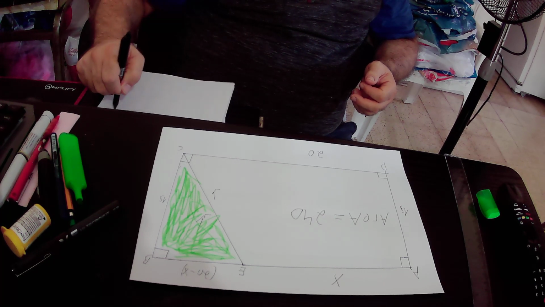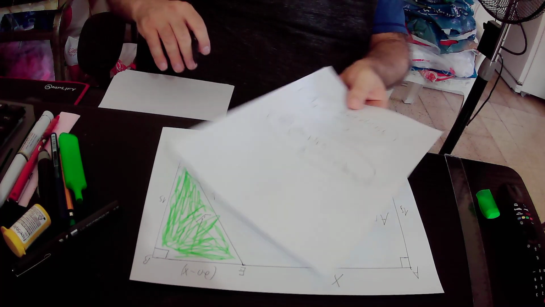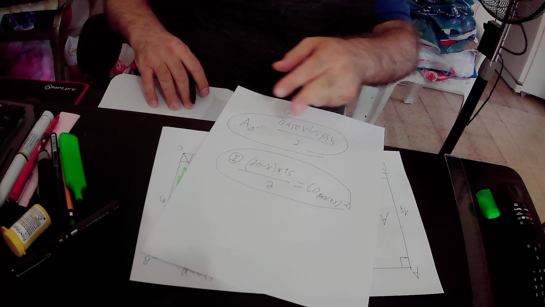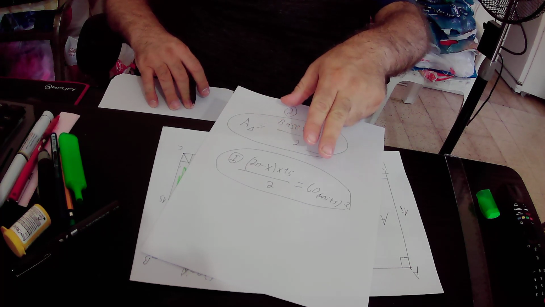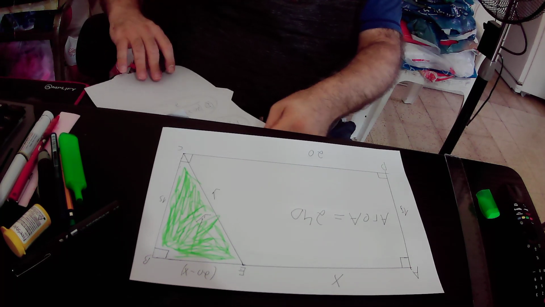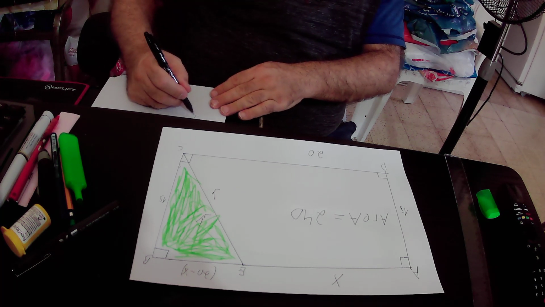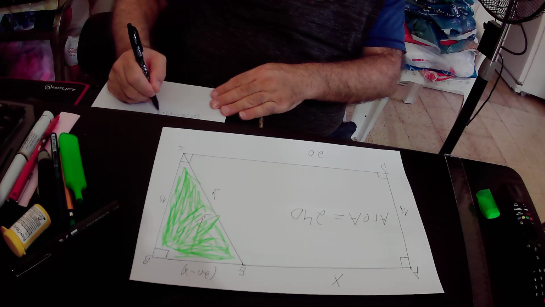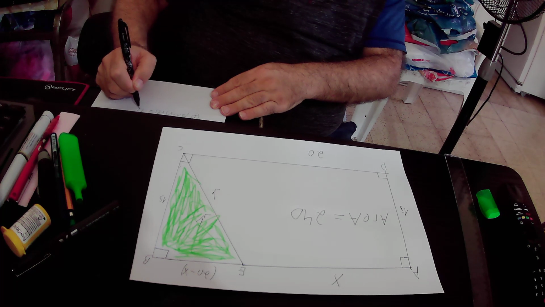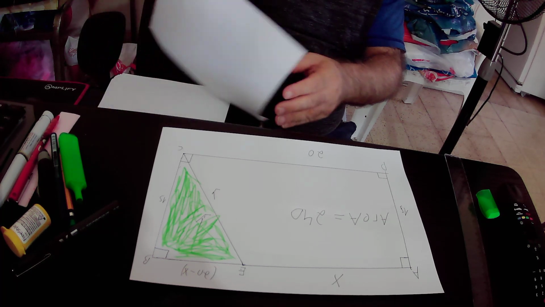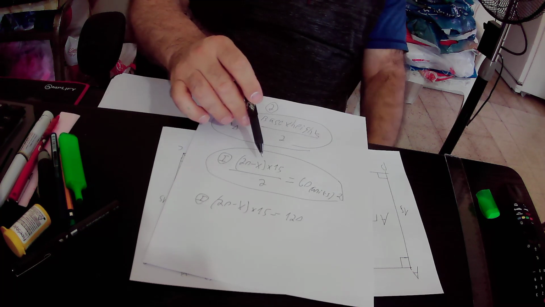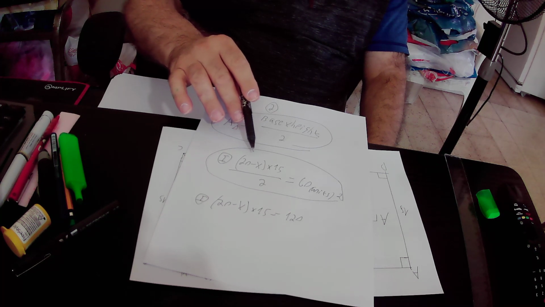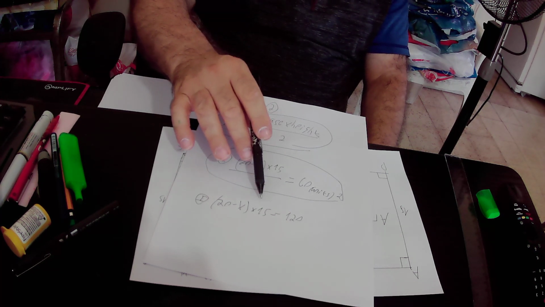Okay, the area of the right green triangle equals 60 units squared. Okay, so we will multiply equation number 1 by 2. We get that (20 minus x) times 15 equals 120 units squared. Okay, 2 times 60 is 120, and here we have (20 minus x) times 15.